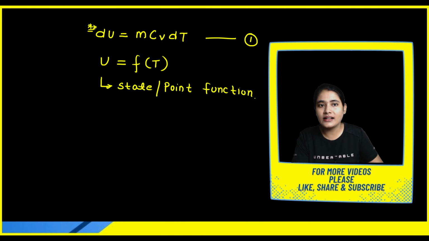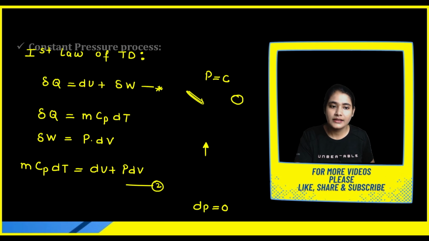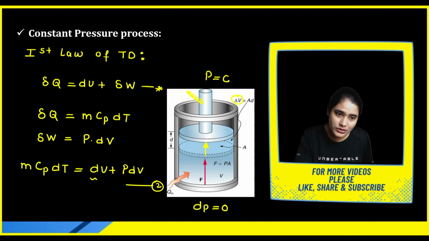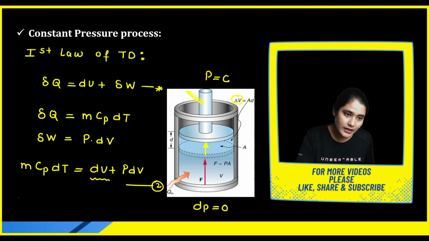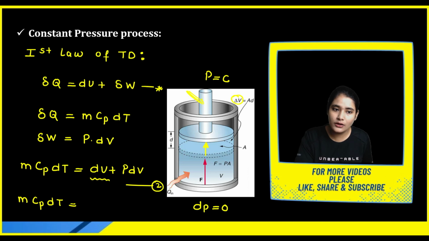As internal energy is a function of temperature only, not depending on the process, we can use the data of equation number 1. So put it here: m cp dT = du + p dV, and the value of du is m cv dT, so m cp dT = m cv dT + p dV.